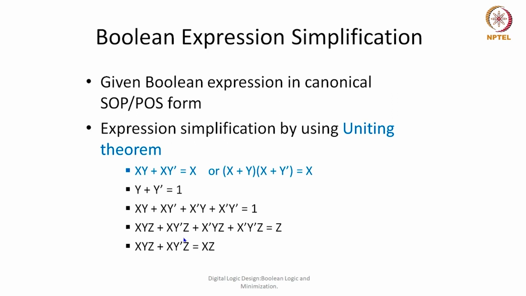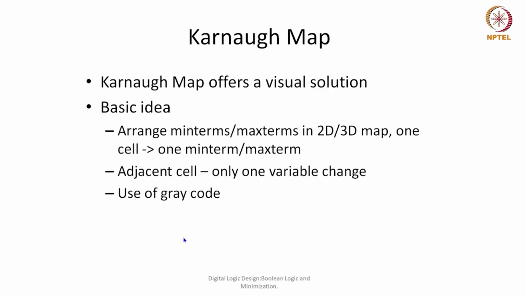That is why one popular approach for Boolean expression simplification is called the Karnaugh map. This Karnaugh map is essentially a visual solution where we represent all the min terms and max terms in the form of a 2D or 3D diagram with multiple cells. Each cell corresponds to one min term or max term. If we are simplifying for sum of products, we will only use min terms, not max terms.